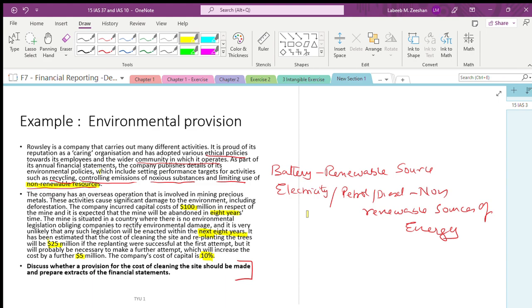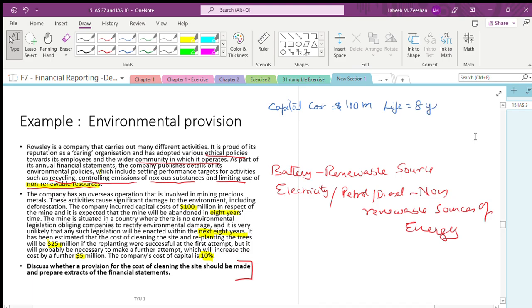Okay, fine. Now, how much have they incurred as capital cost? Is it right? The capital cost is 100 million. And the expected life is going to be 8 years.